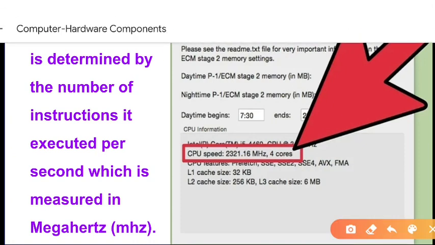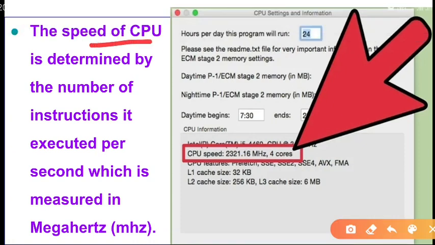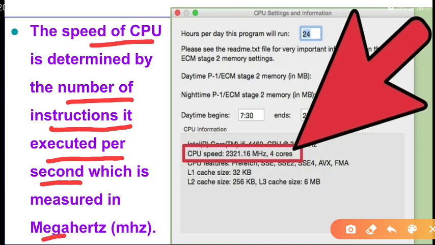Now the speed of the CPU is determined by the number of instructions that it executes in a single second, and it is measured in megahertz. See, CPU speed in megahertz.